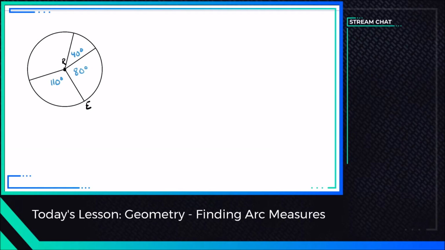And let's go ahead and put some other points here. So we have E, F, G, and H, and we want to find first the measurement of GE. Second, let's find the measurement of GEF. And then finally, let's find the measurement of arc GF.